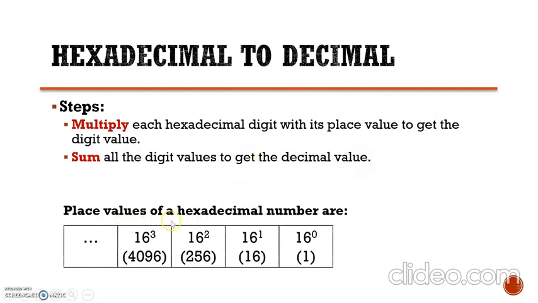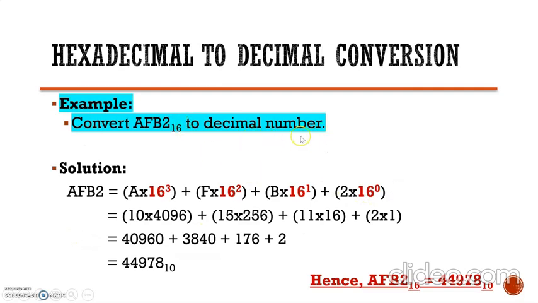Alright, so the place values of hexadecimal numbers, of course, we have to write its base 16. 16, how do we know? It's hexadecimal, right? So hexadecimal is base 16, so 16 to the power of 0, 16 to the power of 1, 16 to the power of 2, and onwards. Here's the example.